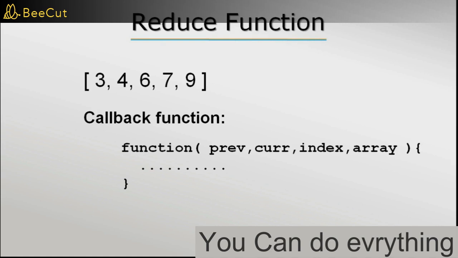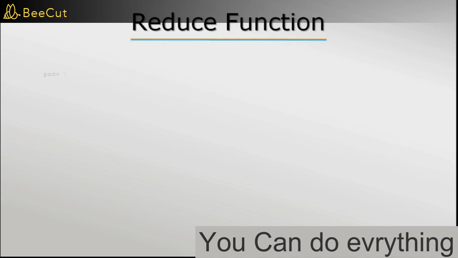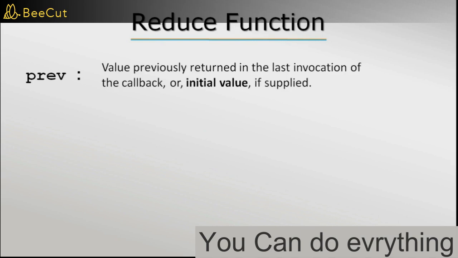So the additional parameter compared to the earlier callback functions is the previous computation. Let's understand each of those. The first parameter holds the value that was returned in the last invocation of the callback function, or the initial value if supplied. Just bear with me a little, it will be clear when we take an example.